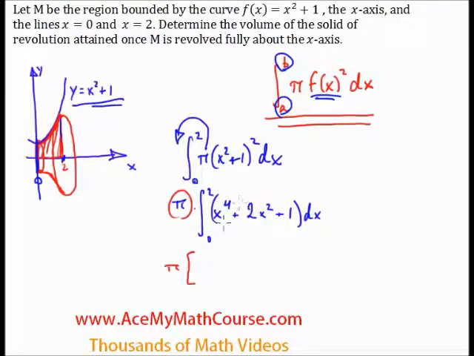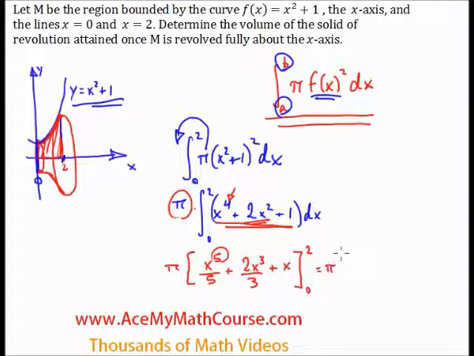And if we integrate this, we're going to obtain x to the 5 over 5, because we just add a 1 to the exponent, then we divide by the number that we get up top, because that'll be the antiderivative of x to the 4. And over here we have 2x squared, so we're going to have 2x cubed over 3 as the antiderivative, plus x, and we want that between 0 and 2.